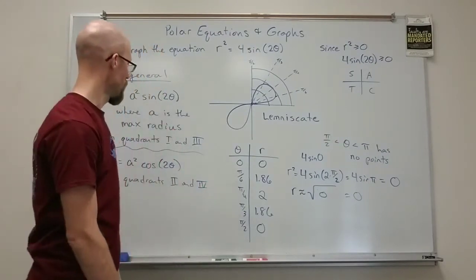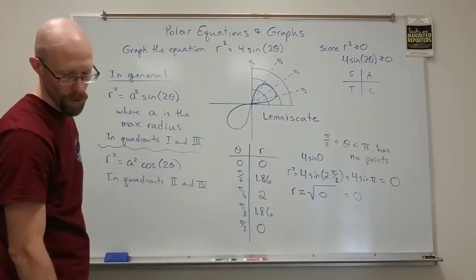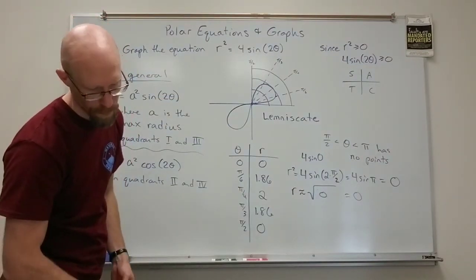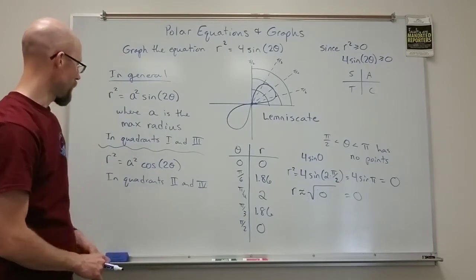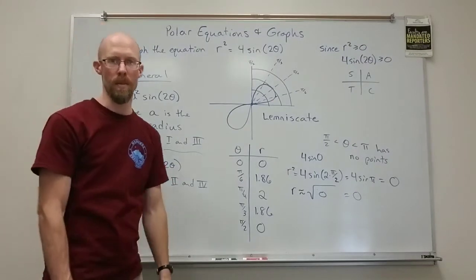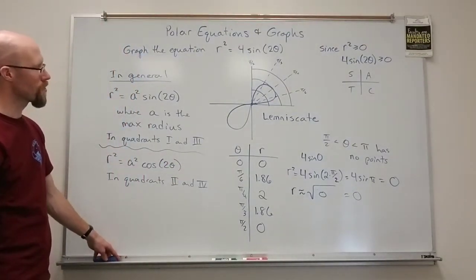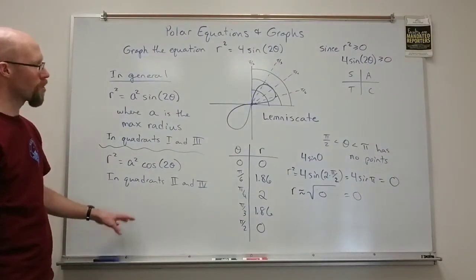Okay, so yeah, still you're going to get the origin symmetry on that. And that's because the r and the negative r, when you plug them in and square it, you get the same thing. So, okay, so that gives you an idea then of how you can plot graphs.